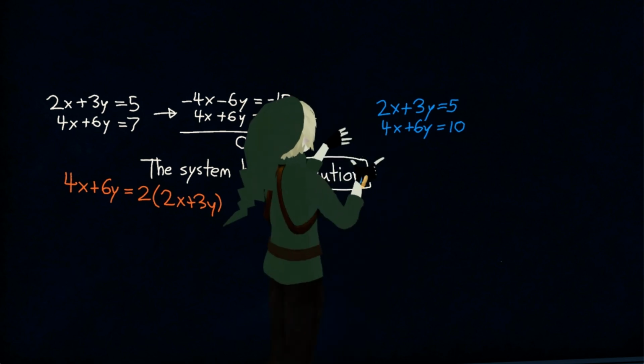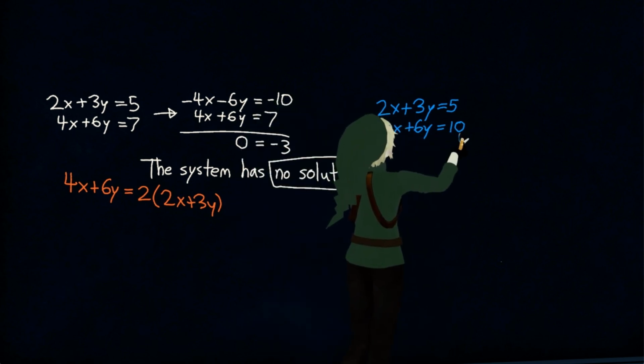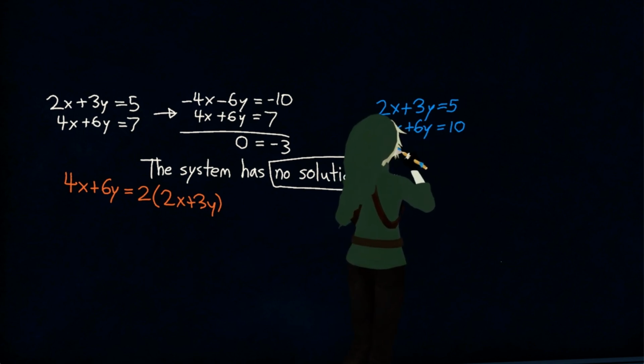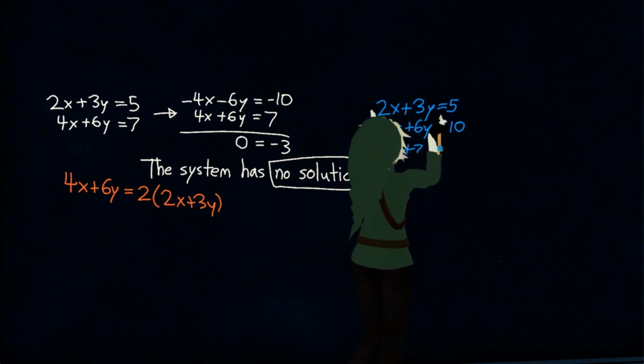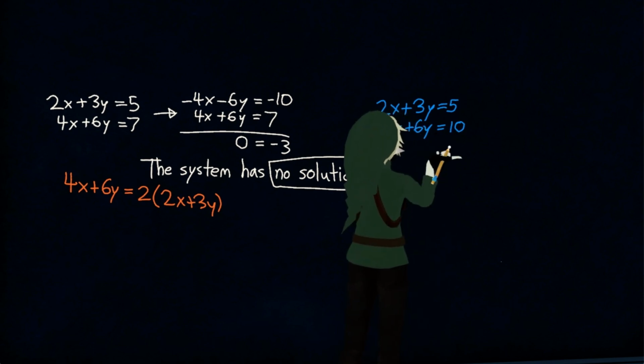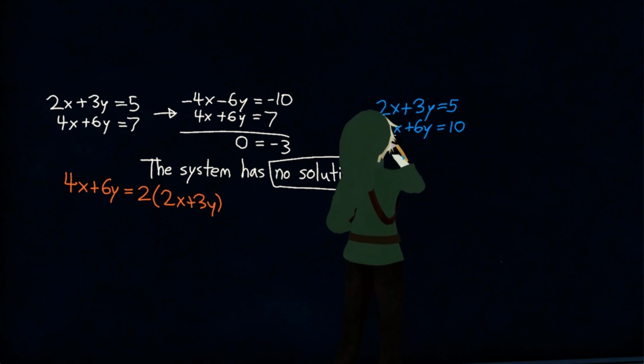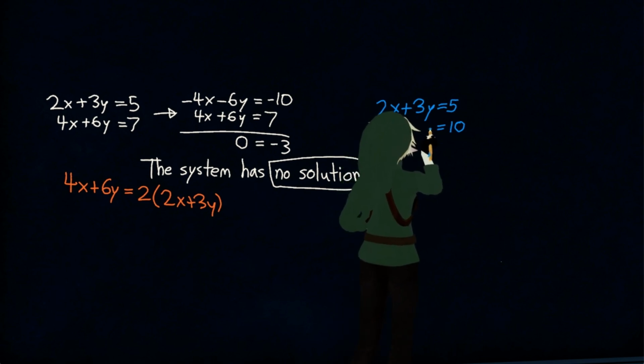Because if you use this equation and you divide everything by 2, you literally get the same exact equation as this. So in other words, you just have this in general.